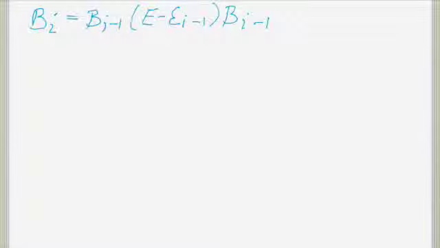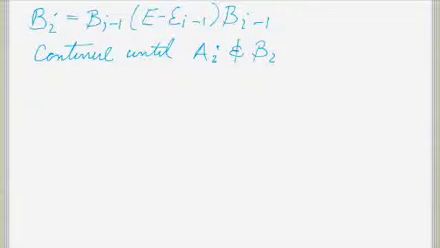In this iteration, you keep continuing until the AI and the BI basically become negligible. There's no more coupling.